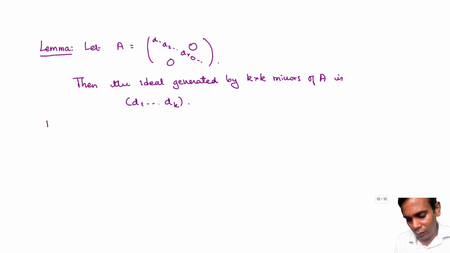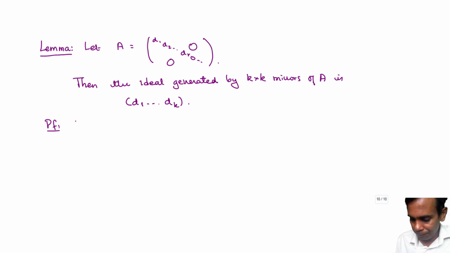Well, this is not at all difficult to prove. The point is that the only non-zero minors of this matrix are going to be the minors where you choose the same rows as you choose the columns, and in that case the determinant is just going to be the product of the diagonal entries in those rows and columns.